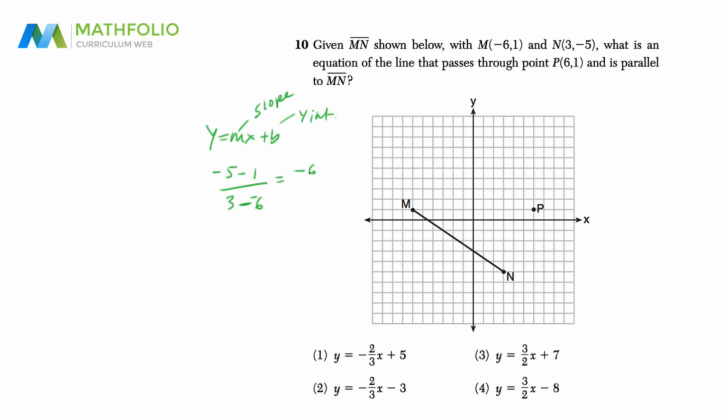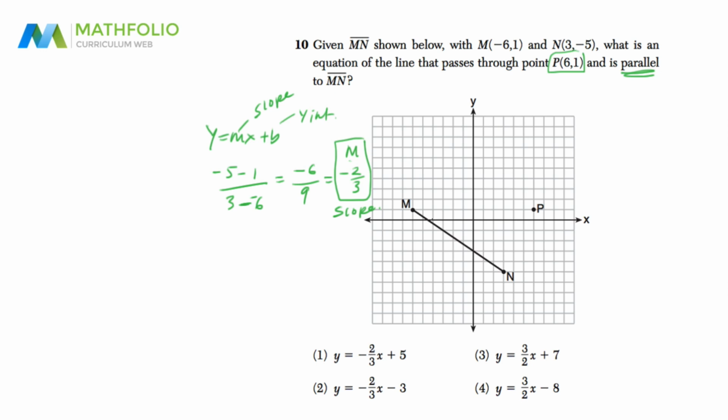This becomes -6 all over 9, which is -2/3. So it says, what's the equation of a line that passes through here and is parallel to MN? Well, this is the slope of MN. We could complete this equation and get the b and plug it all together, but basically this is your slope.